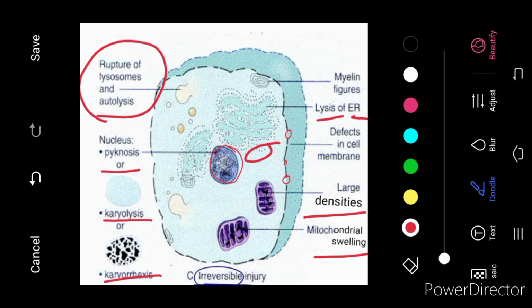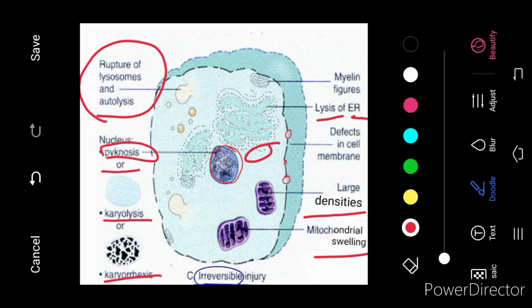So first let us see what is pyknosis. It simply means that the nucleus becomes more blue and condensed. And karyorrhexis means fragmentation of nucleus, and karyolysis means fading of basophilia of chromatin. So this was all about irreversible cell injury.